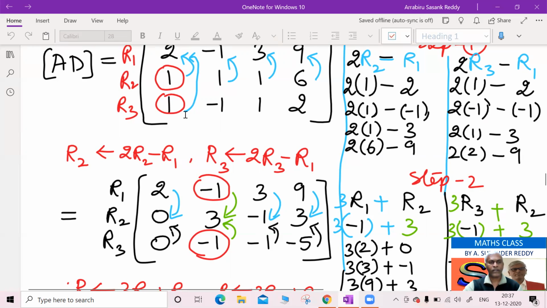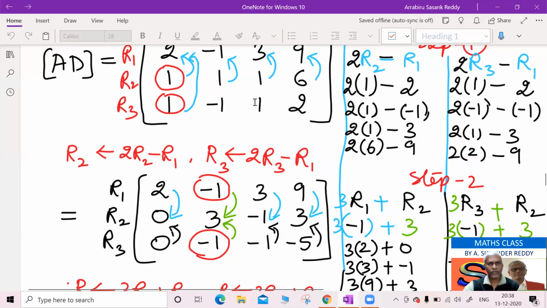So take the R3 element and the R1 element, 1 and 2, and make them equal, 2 into 1. Subtracting, they become 0. So the transformation is 2R3 minus R1 for R3 also. Applying this formula, the first element of R3 becomes 0.